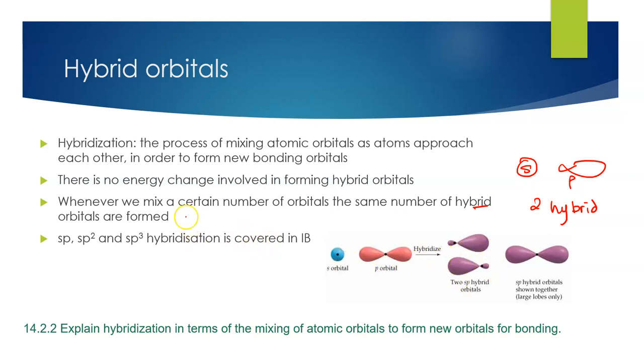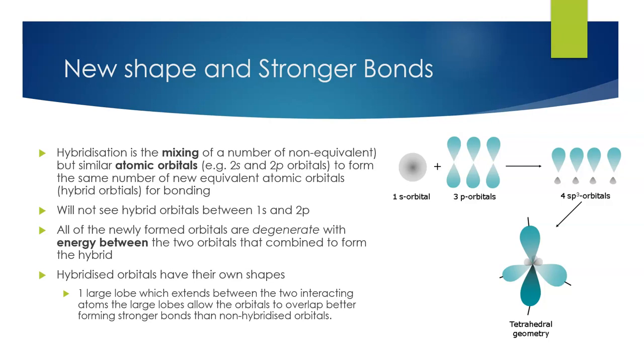The types of hybridization that we need to cover are sp, sp2 and sp3. So we can see here this is the coming together of two orbitals, this is 3, and this is 4. Essentially what we're seeing is the mixing of a number of non-equivalent orbitals to form an equivalent number that all have the same energy.